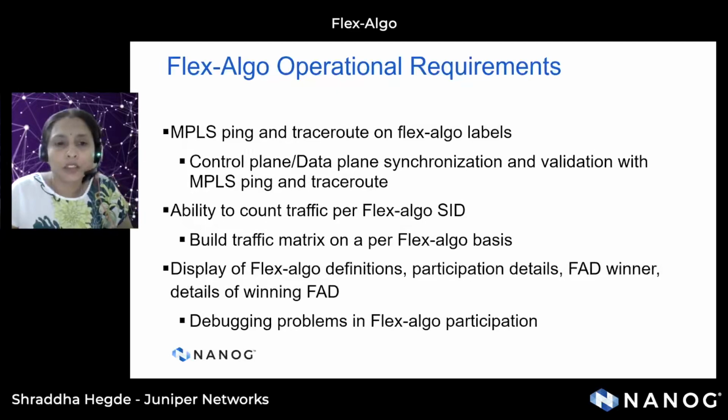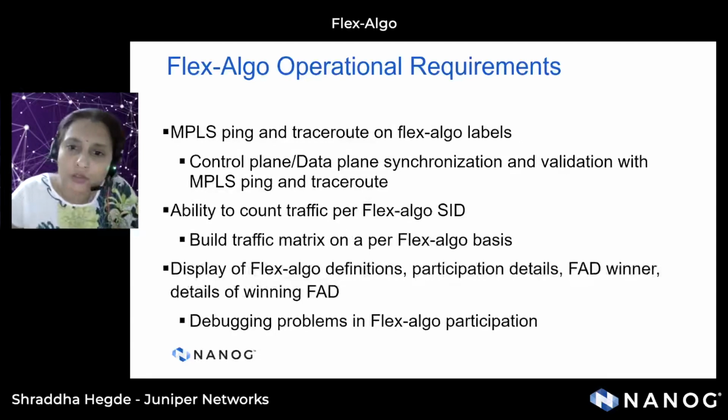To be able to debug this kind of problems, it's useful to have display of flex algorithm definitions, and which nodes are participating, each node is participating in which flex algos. And also there is a tie-breaking algorithm or tie-breaking rules for flex algo, when there are multiple nodes advertising the FAD, I mean, who wins? There are some tie-breaking rules, and it will be useful to have that information, like this node, who it decided as a winner, and what are the details of that winning FAD.